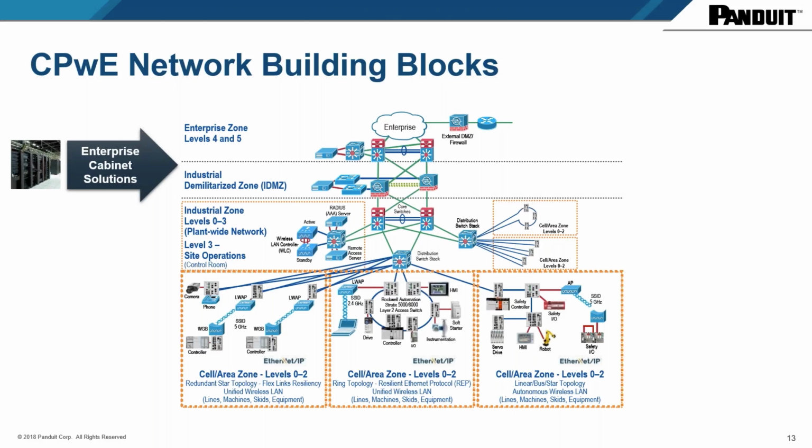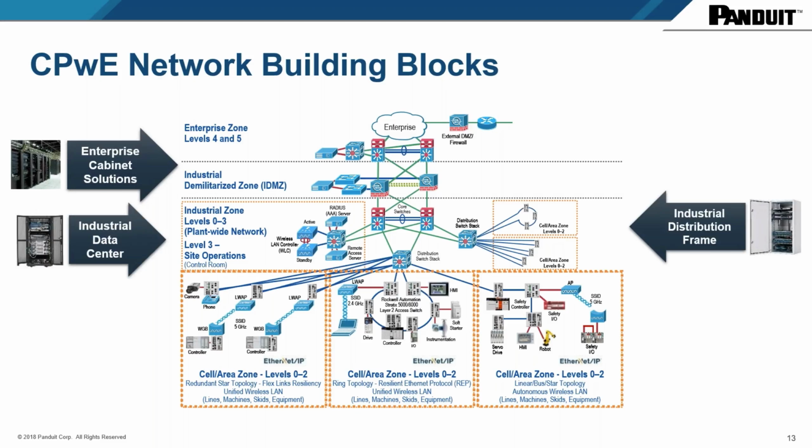In a factory system, you will find what we call a micro data center, similar to what you find in enterprise, but they're generally one or two closets or switches and distribution frames and network communication hubs and so forth. As you go down in the architecture to the factory systems, this is where you find more of what we call distribution frames.